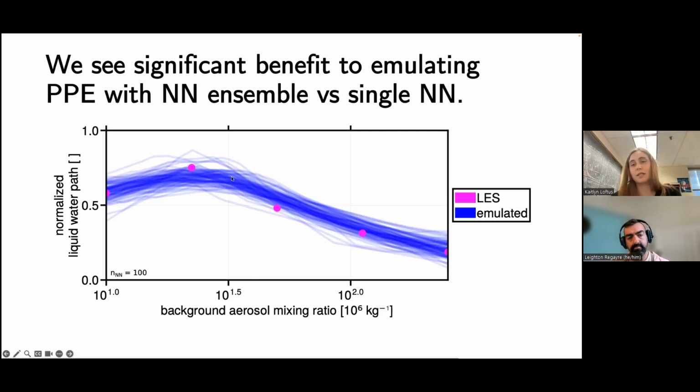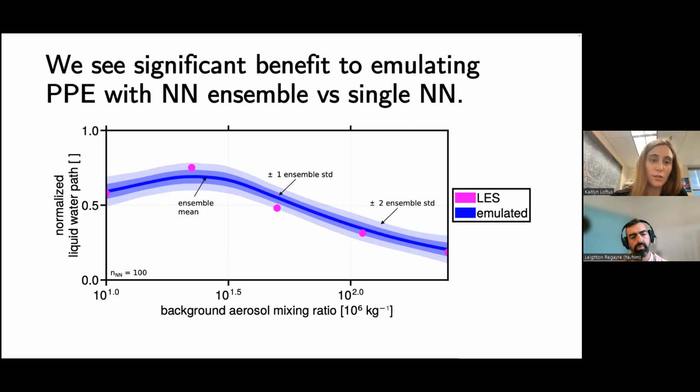So, turning these 100 different values into what we would actually use, here's the ensemble mean, and then I've shaded plus or minus 1 standard deviation and 2 standard deviations. First, we can see this is much smoother than any of those individual outputs, and we can also capture the uncertainty of our prediction.